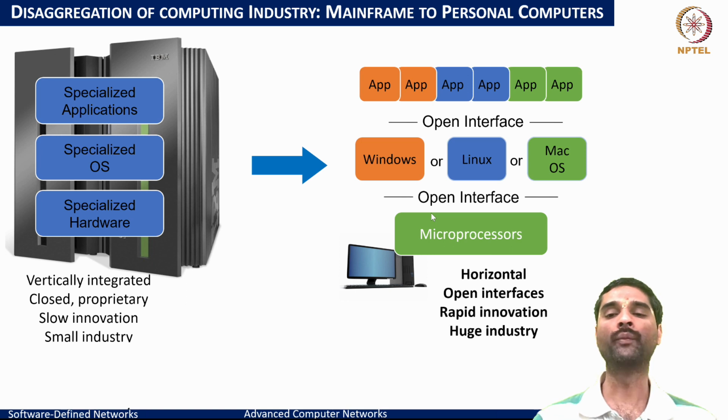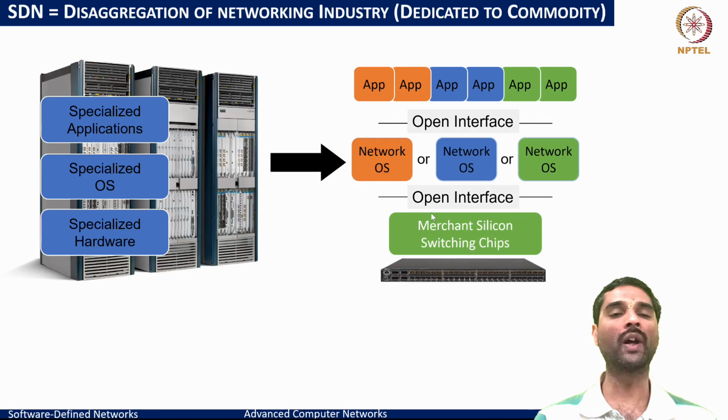Now with SDN, what we are trying to achieve is these open interfaces, which enable us to have rapid innovations as well. So to bring the analogy here, what we had were the dedicated switches and routers, which were specialized hardware built by specific OEMs or vendors, and they had their own operating systems, and they would also have tailored applications running on those dedicated hardware. Now, with SDN, we have moved from these dedicated hardware to merchant silicon switching chips, or commodity hardware.